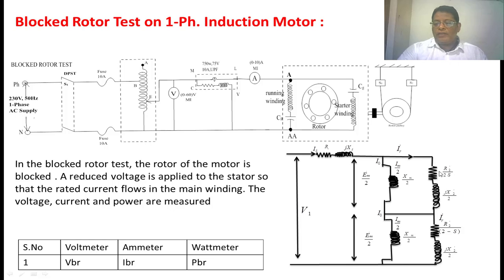This is very small compared to this branch, so the resultant impedance is small. In the same manner, the impedance of this branch is very small compared to this one, and both are in parallel, so the parallel combination is a very small impedance.